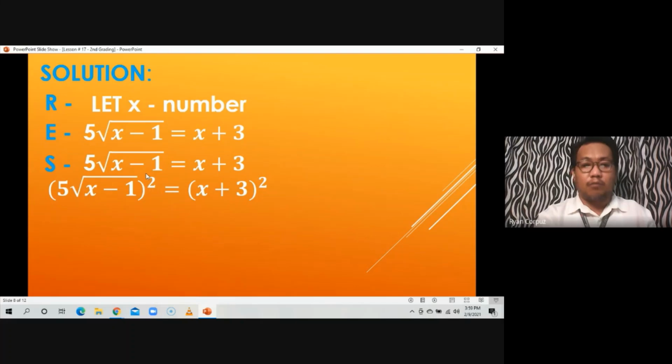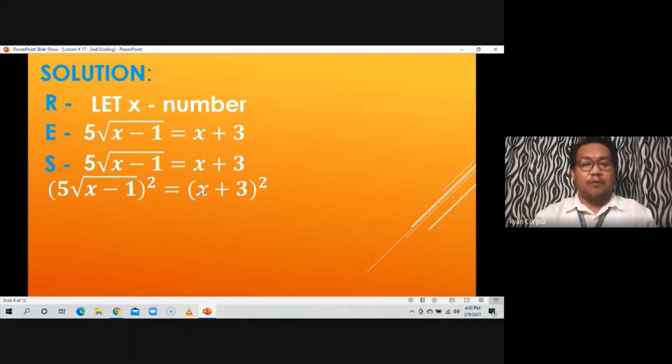Pero didistribute mo muna siya on 5. So magiging 5 squared yun. So magiging 5 squared or 5 times 5 is equal to 25. Then times, since matatanggal na yun, magiging x minus 1. Then pa-expand naman natin x plus 3 quantity squared, magiging square ng first term. That would be x squared.